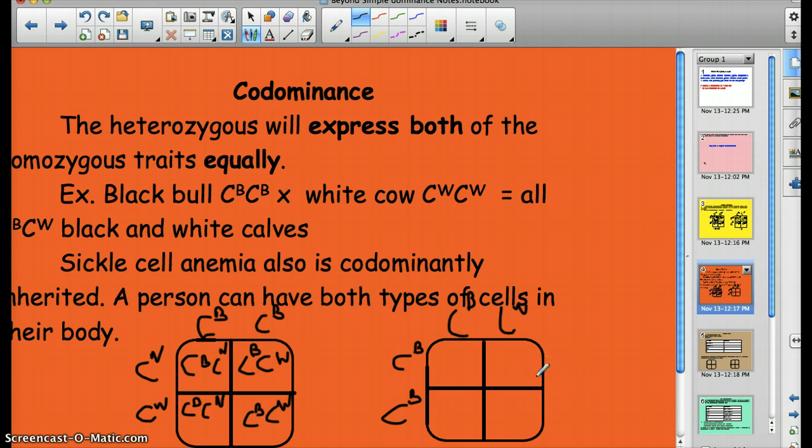Fill out the square, and what do you think you're going to get? Once again, it'll be 1-to-1, okay? Because you're going to get two blacks here, okay?